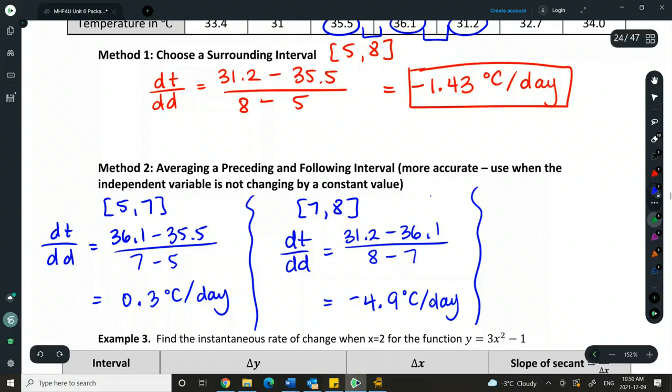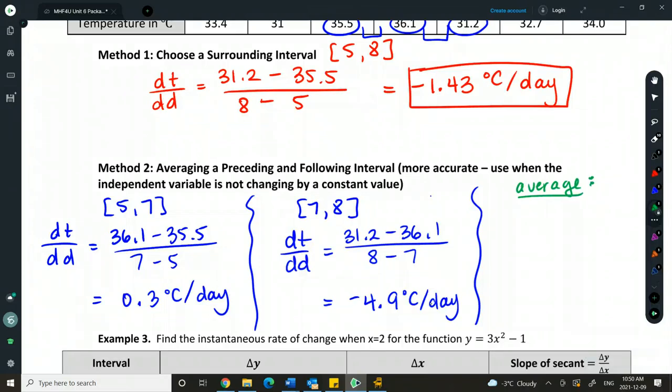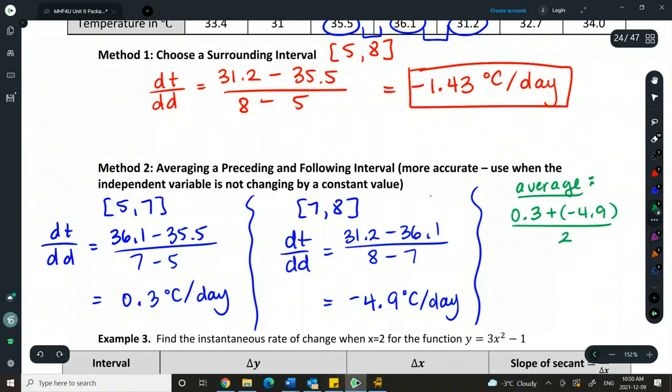Okay, and then we do the average. So we want to average both. How do I take an average of two values? Add them and divide by 2. So 0.3 plus negative 4.9, divided by 2.